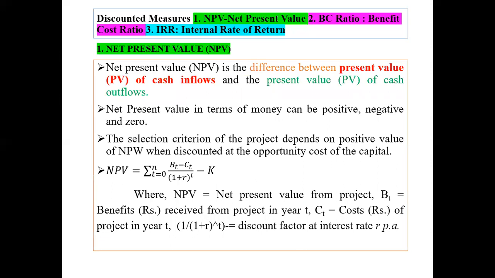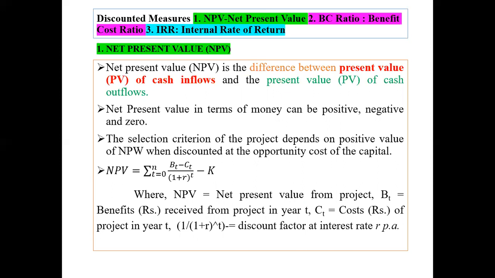Coming to the discounted measures, there are mainly three important measures. One is NPV, the second is the BC ratio, and the third is the internal rate of return. Coming to NPV, net present value, it is just the difference between the present value of cash inflows and the present value of cash outflows. How do you find the NPV?